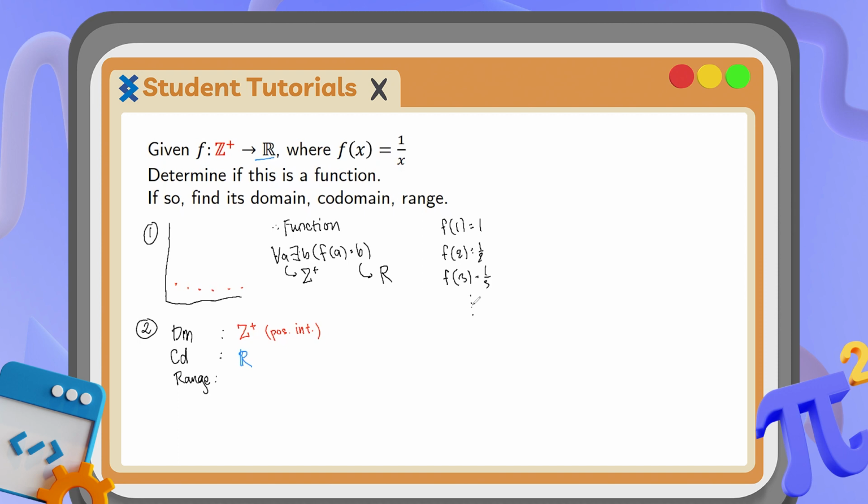As you can see, they're actually all rational numbers, because aside from them not being irrational, each is a ratio of two integers, where you have the numerator being 1 and the denominator being any positive integer. And with that, this one belongs to the set of rational numbers. So this one would be all rational numbers, or Q.